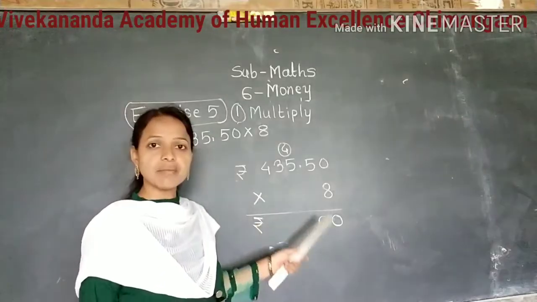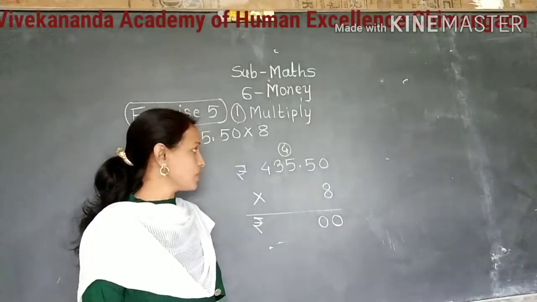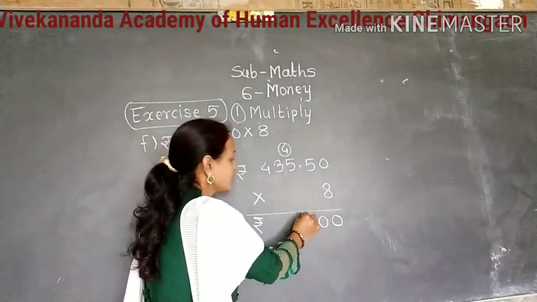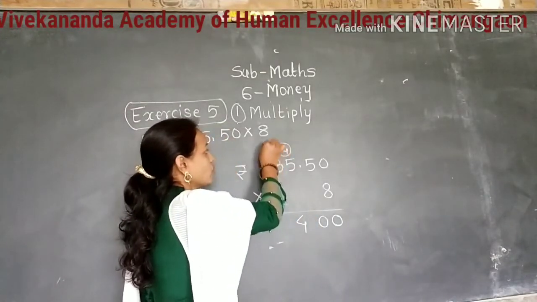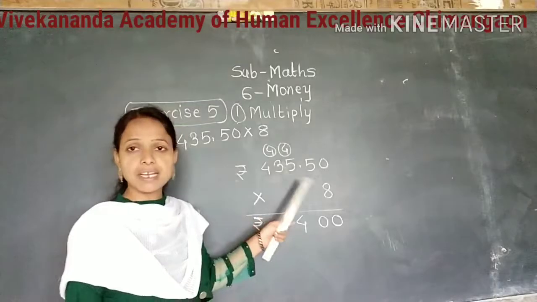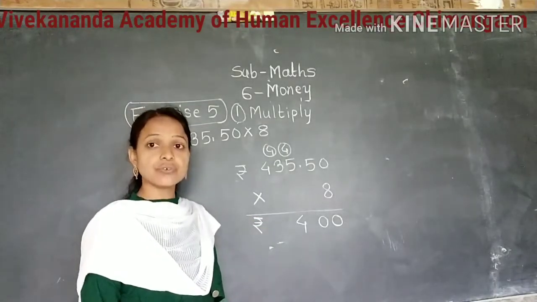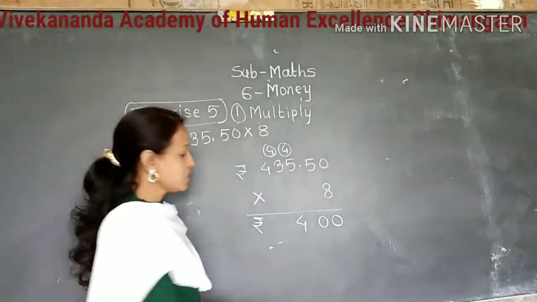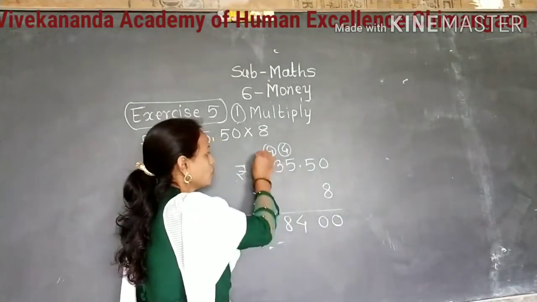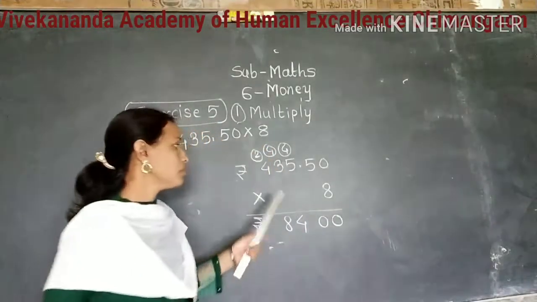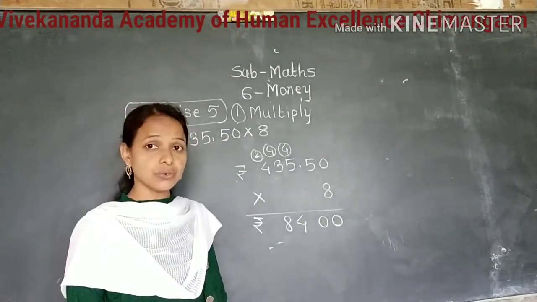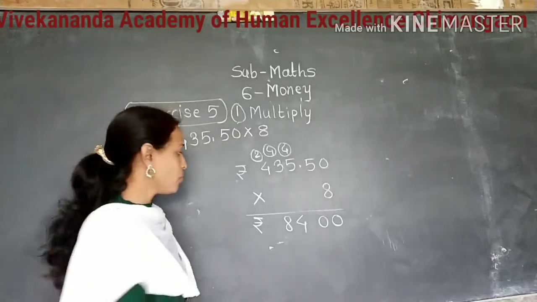Now multiply 5 by 8. 8 5s are 40. 40 plus 4 carry is 44. So right here 4 and 4 carry. Now multiply 3 by 8. 8 3s are 24. 24 plus 4 is 28. So right here 8 and 2 carry. Now multiply 4 by 8. 8 4s are 32. 32 plus 2 is 34.